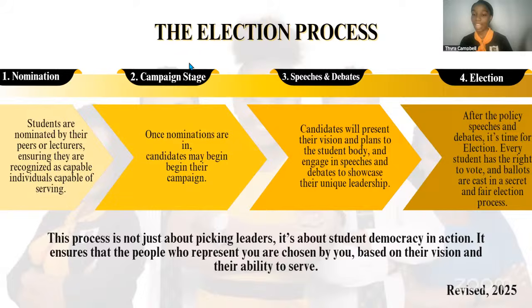I am letting you know that you have the right as a student to vote. And as I mentioned earlier, we have secret ballots that allow for fairness within the election process. Please do note as well that this process is not just about picking leaders, but it's about student democracy in action, and it ensures that people who represent you are chosen by you based on their vision and their abilities to serve.